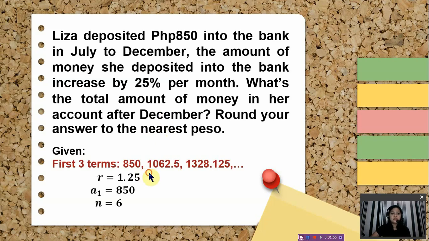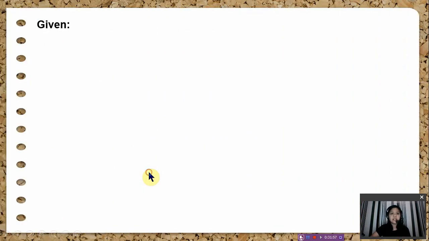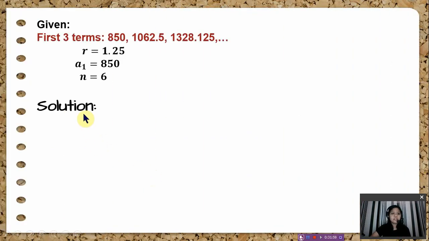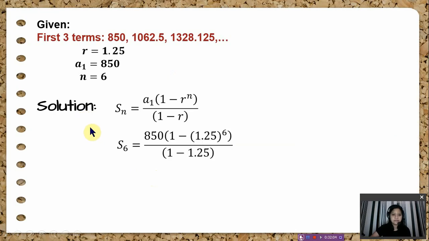We will just use the first formula to get the sum of the first 6 terms. So, substitute the given: 850 times 1 minus 1.25 raised to 6 over 1 minus 1.25. We will get 9,569.97.